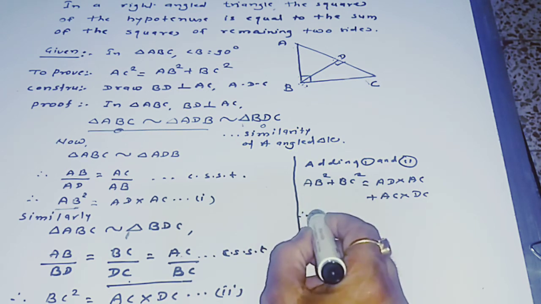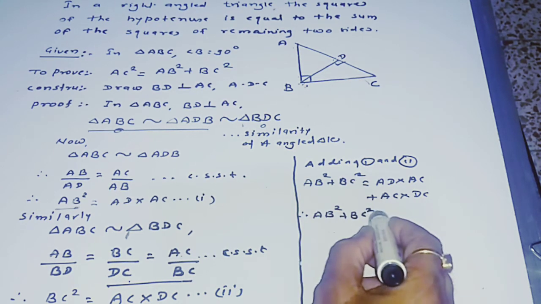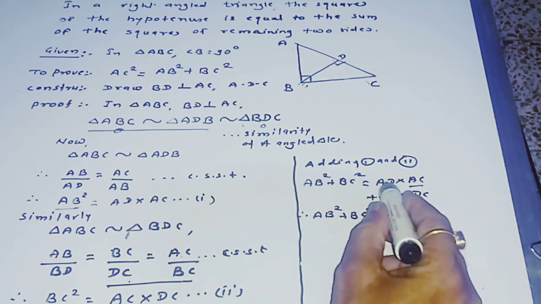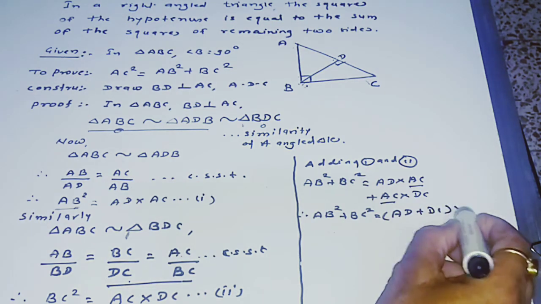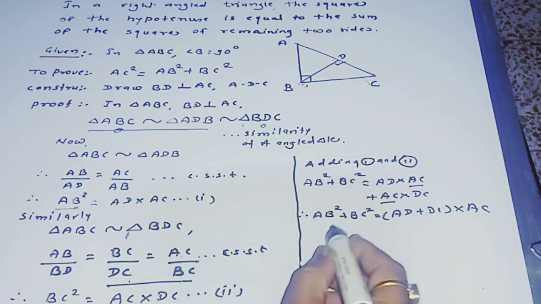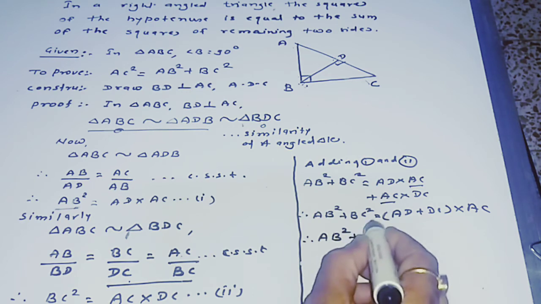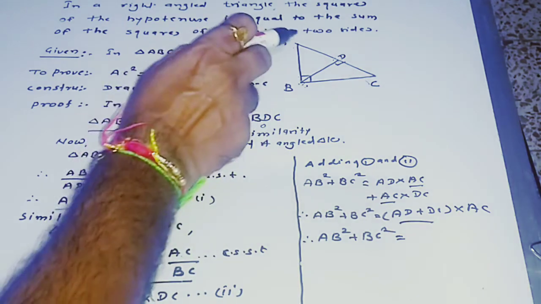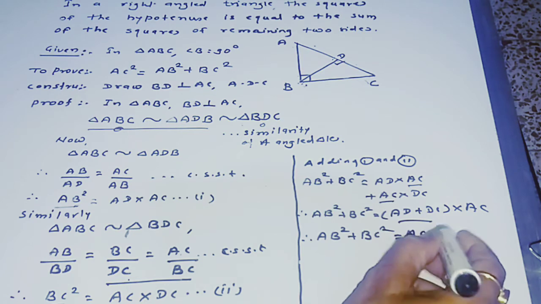Therefore AB square plus BC square is equal to, here AC is common, so taking AC common, AD plus DC into AC. Now see, AD plus DC is AC, so AC into AC.